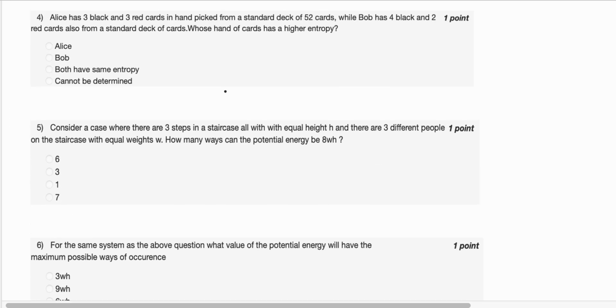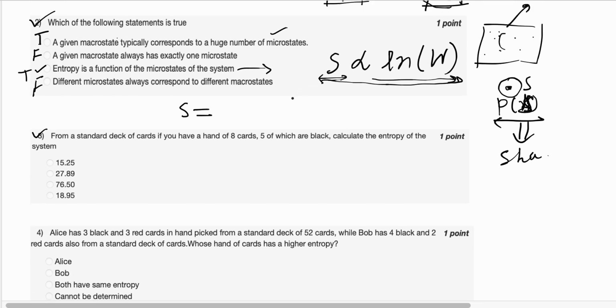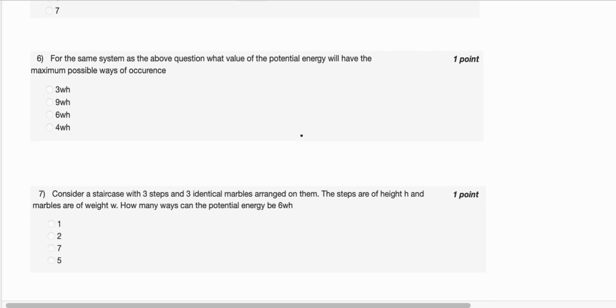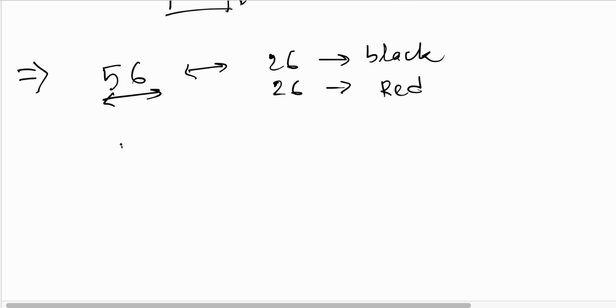Now the question is, if I take 8 cards at random, then 5 of which are black, how many ways can I choose such 8 cards where out of 8, 5 will always be black?